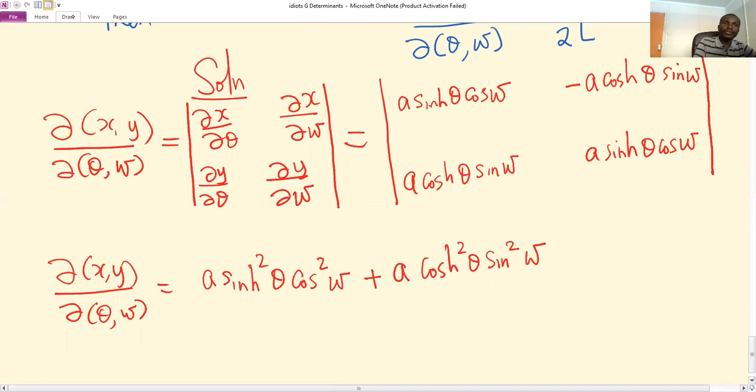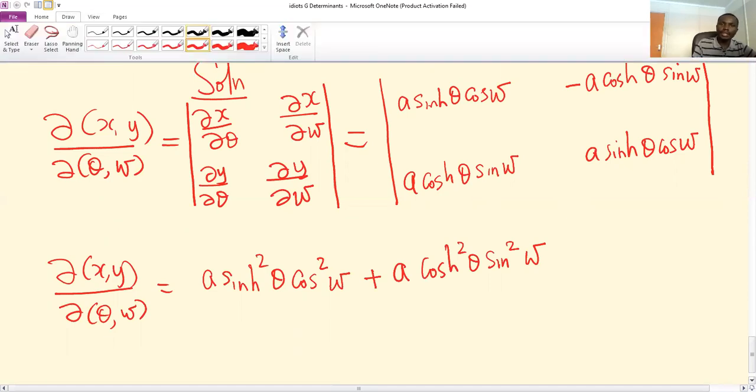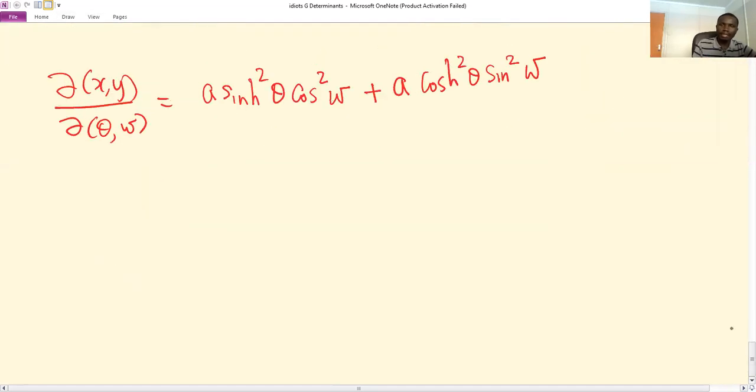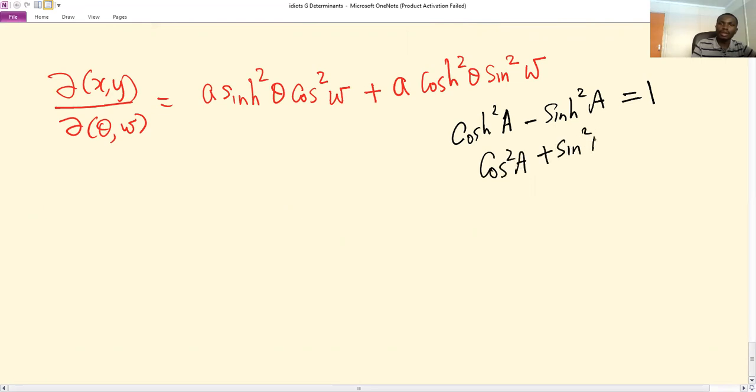And don't forget these two identities from calculus: hyperbolic cosine squared of a number A minus hyperbolic sine squared of the same value gives 1, and cos squared A plus sine squared A is 1.